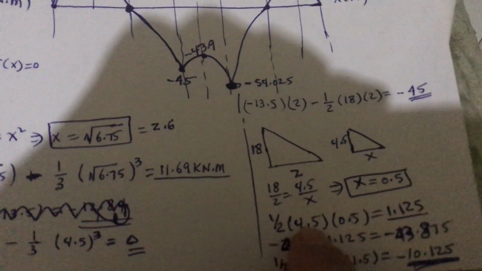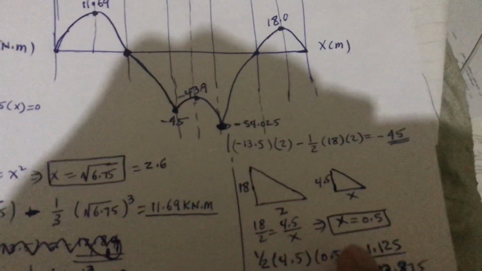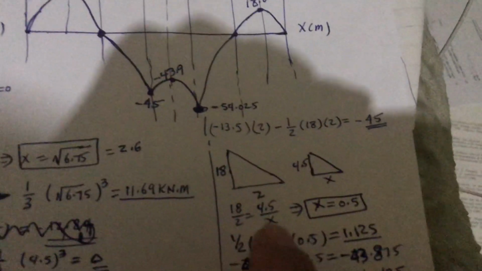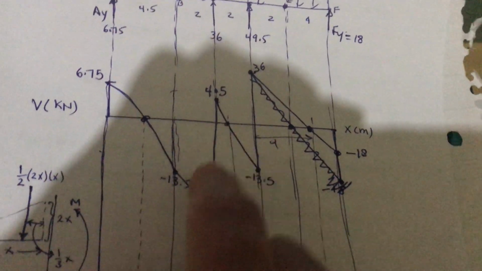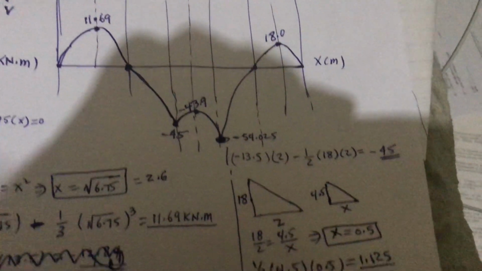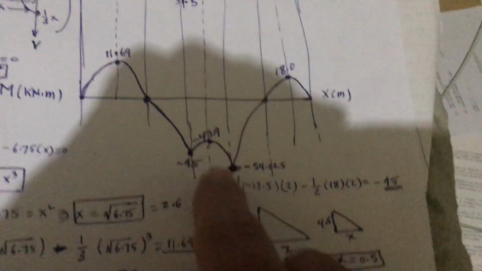This is the big triangle, small triangle. It's the same process over there. X is 0.5, 1/2 times 4.5 times 0.5, you'll end up with what? 1.125. So 1.125 minus 45, you'll get minus 43.9.